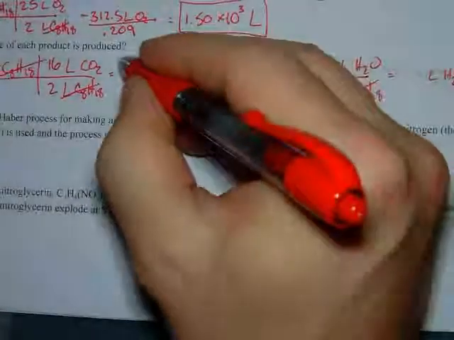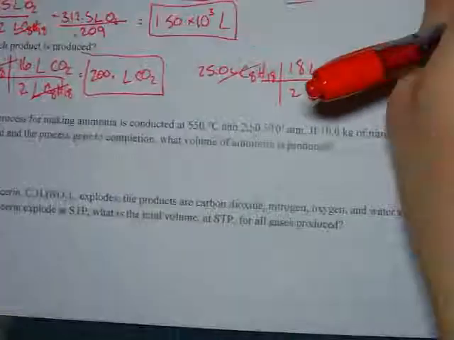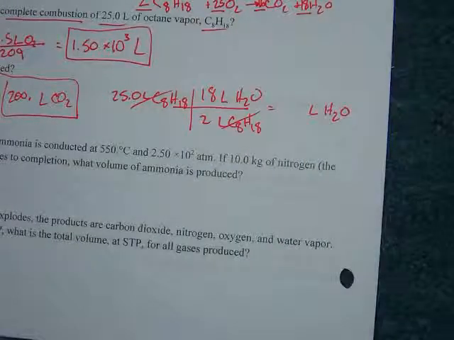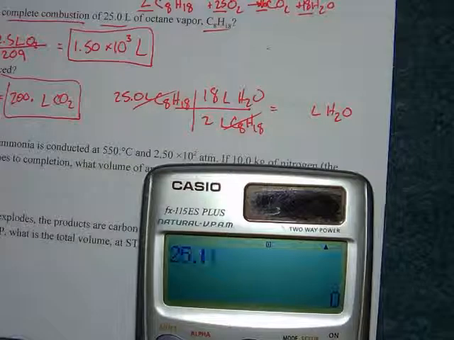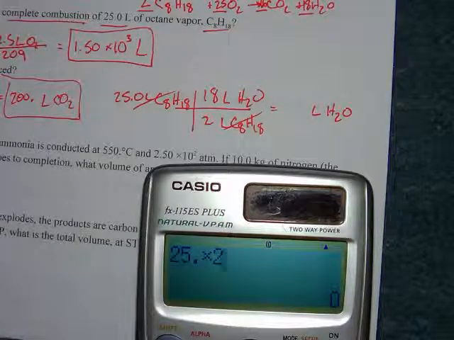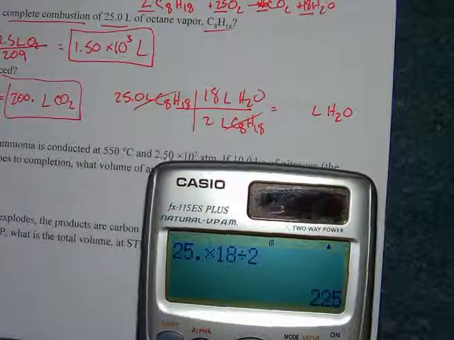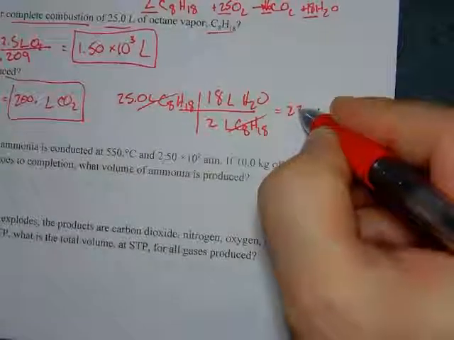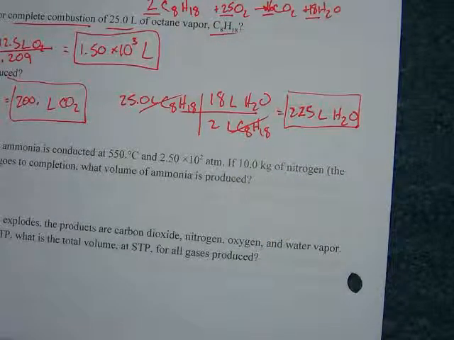So I'll just put a decimal to make both those trailing zeros significant. And one more time. And 225. So as a result of this reaction, I will produce 200 liters of CO2 and 225 liters of water vapor.